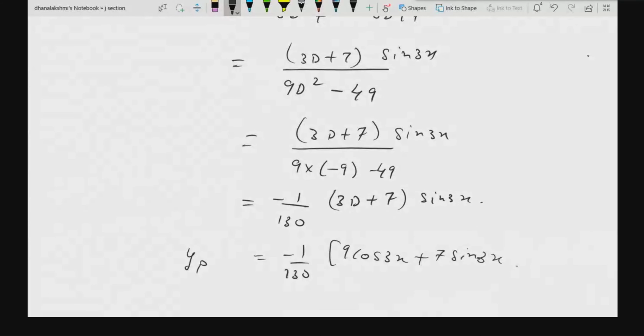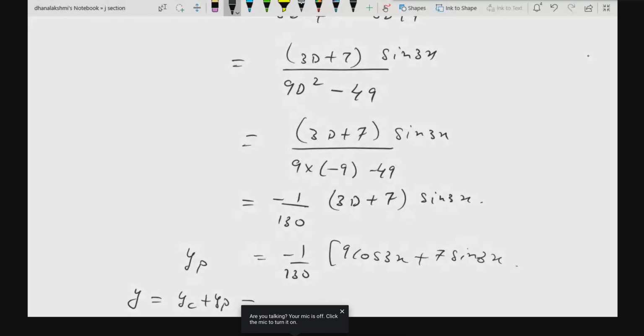Because they ask us to solve, that means we need to get the most general solution, and the most general solution is given by yc plus yp, complementary function plus particular integral, which we missed out in this problem. I was busy with this, my system is not working and all, but don't forget to write the final solution, otherwise you won't get the full marks.